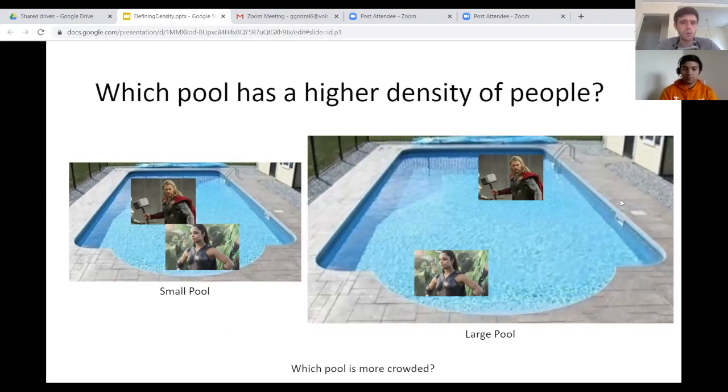But the pool on the right is a lot larger. So it has a lot more water in it. So it must have a bigger volume. So the pool on the left is probably the one that's more crowded. So I'd say the pool on the left has a higher density. That's exactly right. The pool on the left has a higher density.